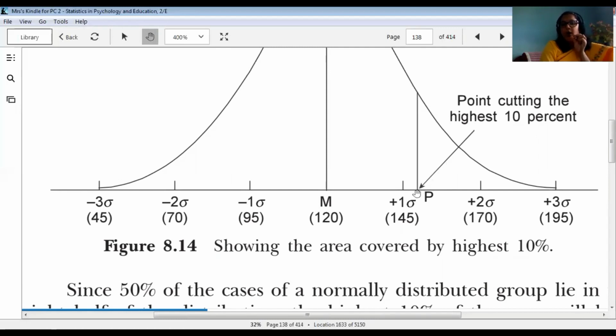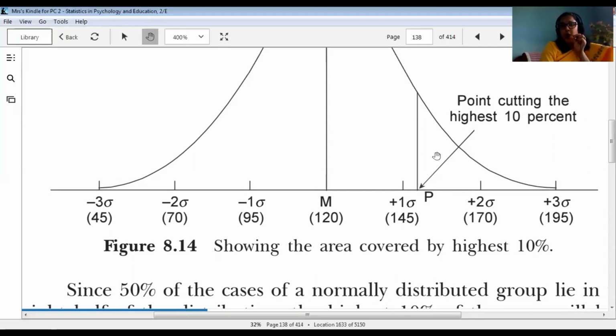As you may know, when we go to this side, it will be the lower and lowest level of the distribution, and when we go to this side, it will be the upper side of the distribution according to the normal curve. Understood? So this is the point which cuts the highest 10% of the group.